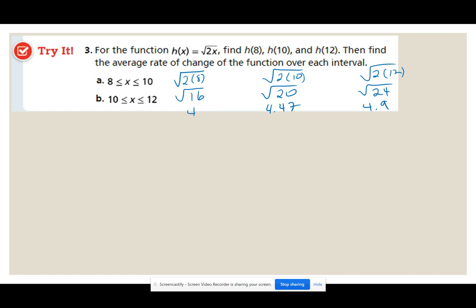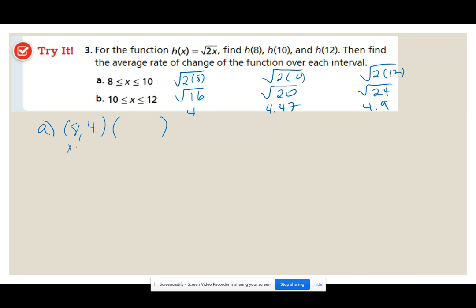Okay, let's use these values here to figure out part A. They want to know between 8 and 10. So when x is between 8 and 10, what is the rate of change? So I'm going to write ordered pairs. I know my first ordered pair is going to be 8. And when I substituted 8 into the problem, I got 4 as my y value.